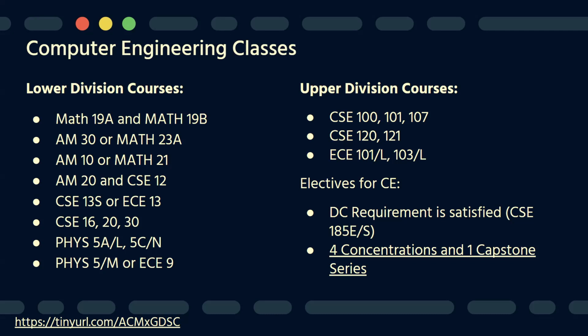In terms of electives, your DC requirement is satisfied because all of us have to take 185E or S. I believe for computer engineers, we have to take 185E. Then specifically for computer engineers, we have the 4 concentrations and 1 capstone series that tells us which electives we can take.